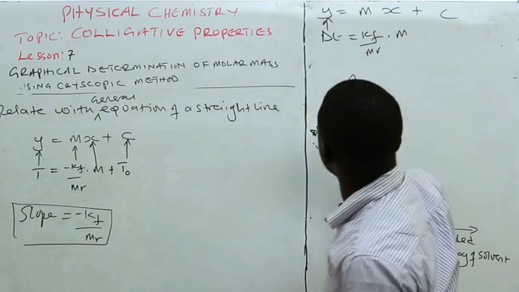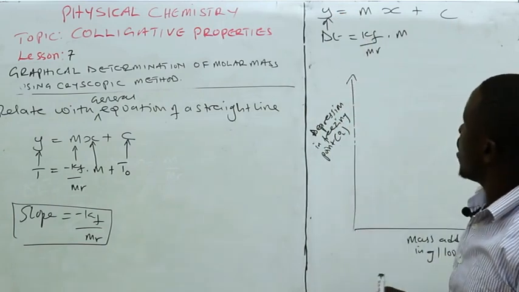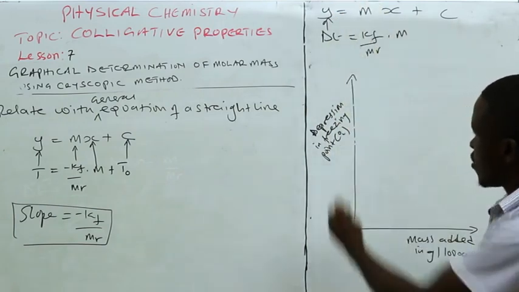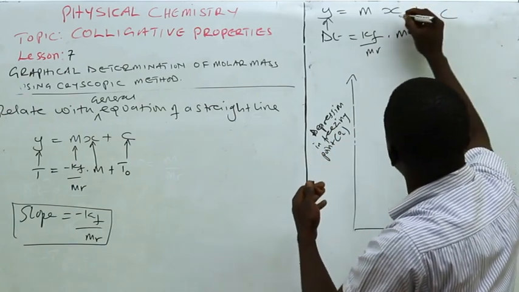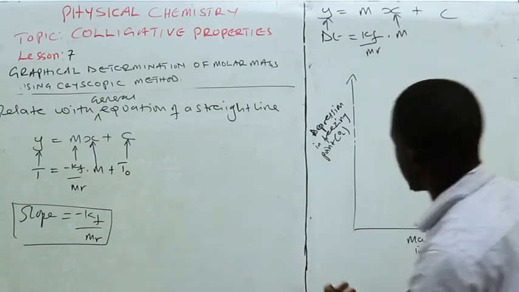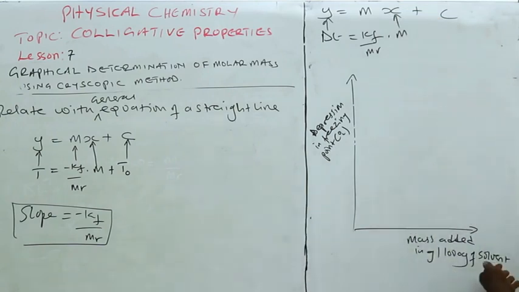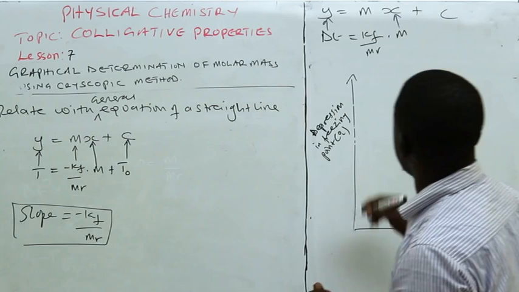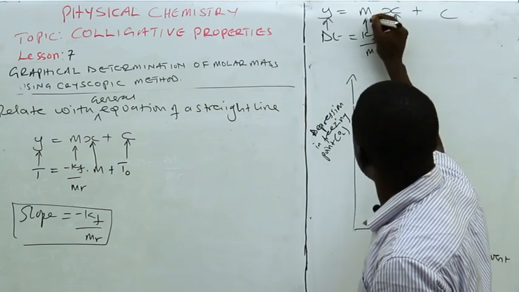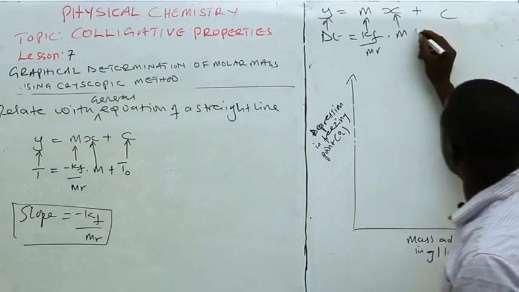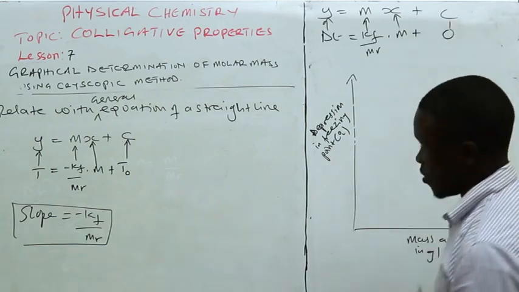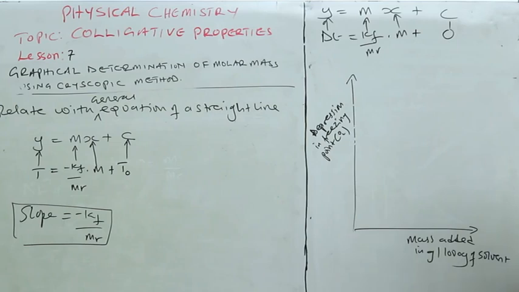This one has our variable on the y-axis, depression in freezing point, and mass added on the x-axis. The gradient this time is positive, Kf over molecular mass. But we see that the intercept is 0. There is an intercept, but it is 0.